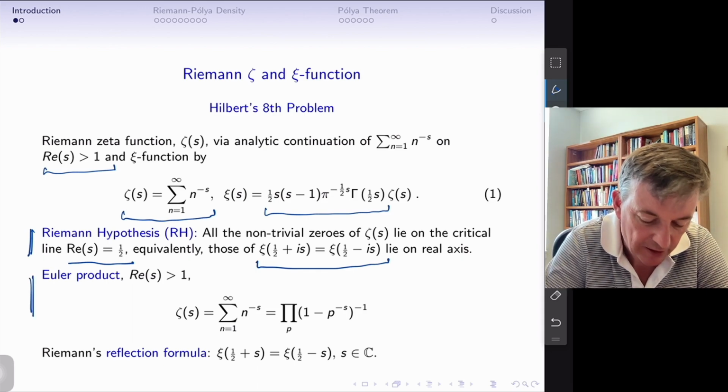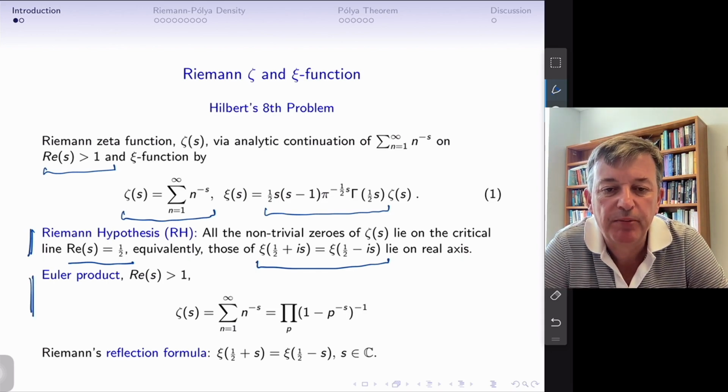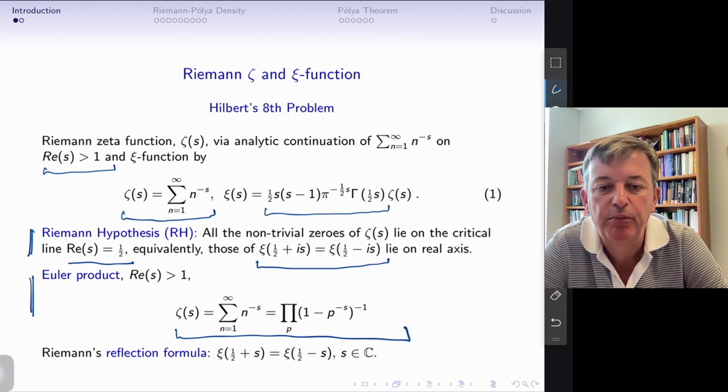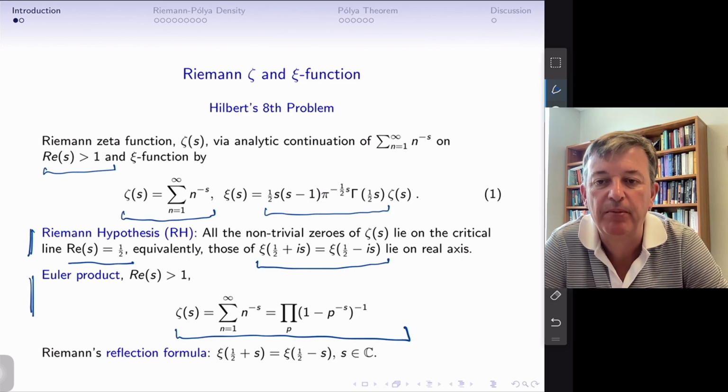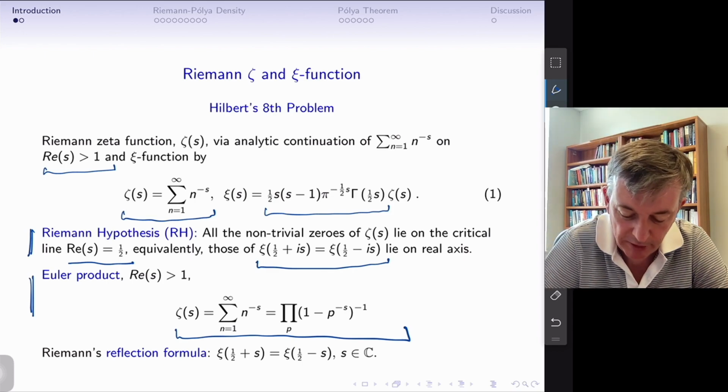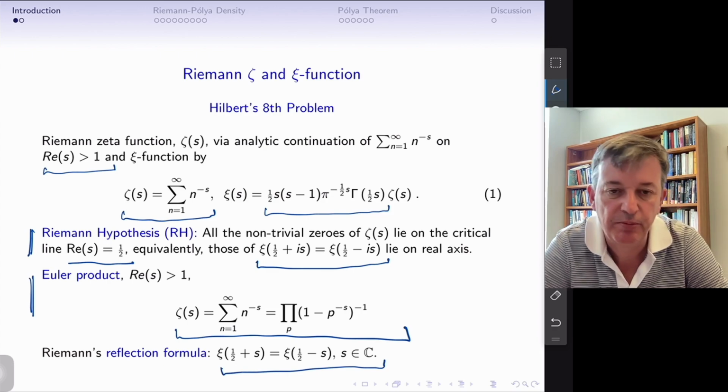Another important fact to note is something called the Euler product formula. So the sum can actually be written as a product over primes. It's really quite a remarkable result: the sum as n goes from 1 to infinity of n to the minus s is the product over primes of (1 minus p to the minus s) to the minus 1. And essentially it was Riemann that proved the symmetry or reflection formula for the xi function.